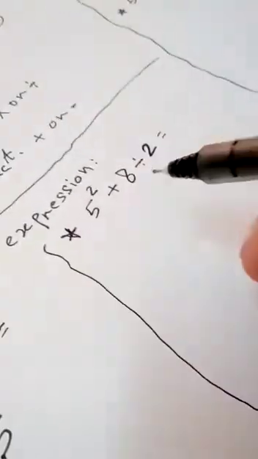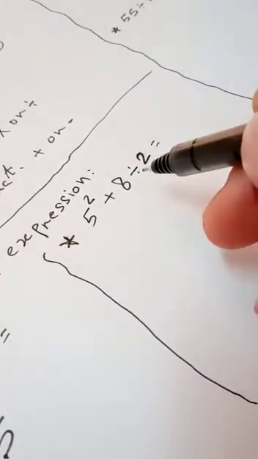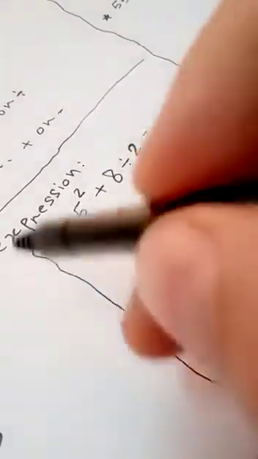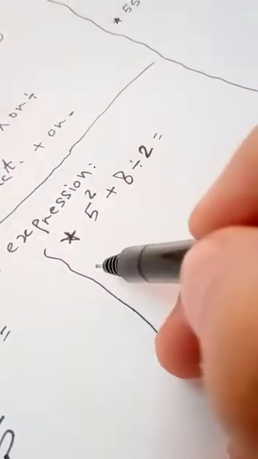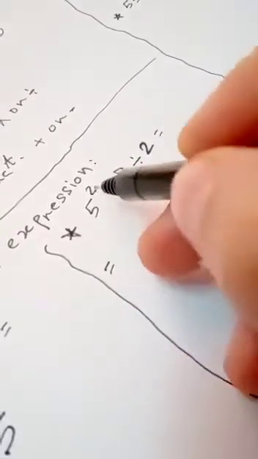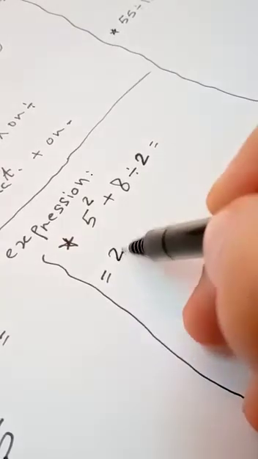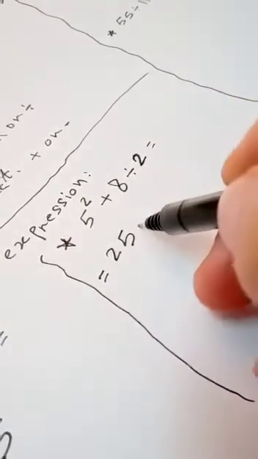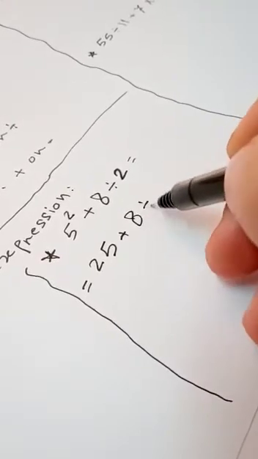The next example. In this expression we have power, plus, and divide. So the order here is for the power, so do 5 exponent 2. 5 exponent 2 means 5 times 5, 25. Plus 8 divided by 2.